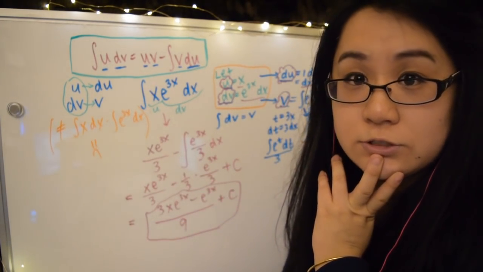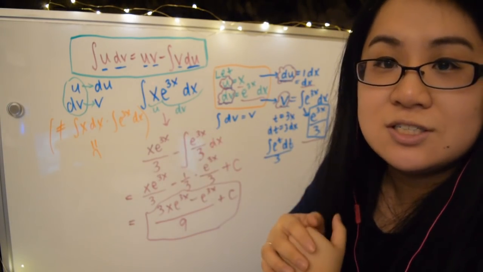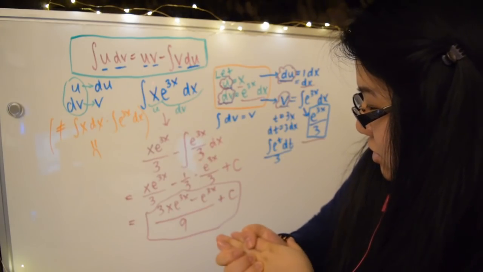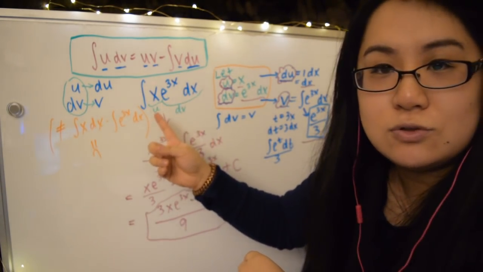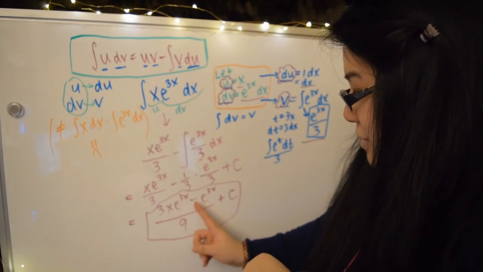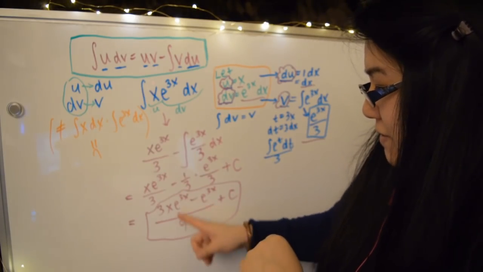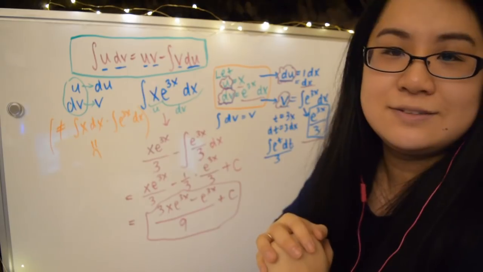And of course, if you want to check, especially on a test, you can take the derivative of this to see if you get your original problem. Remember we have a little bit of product rule and chain rule going on, but hopefully we get that.